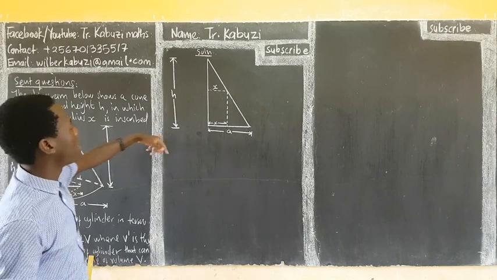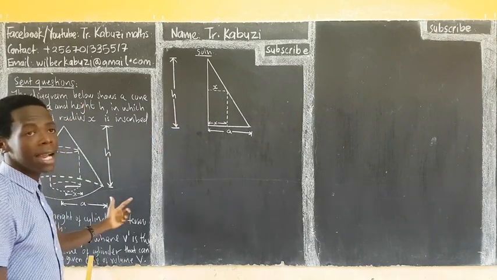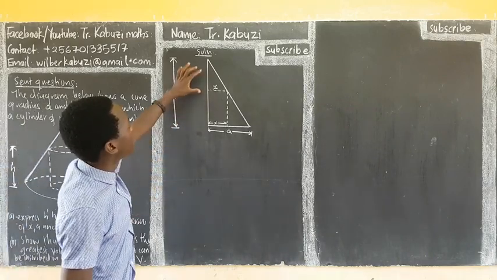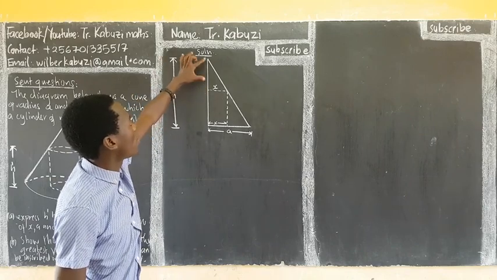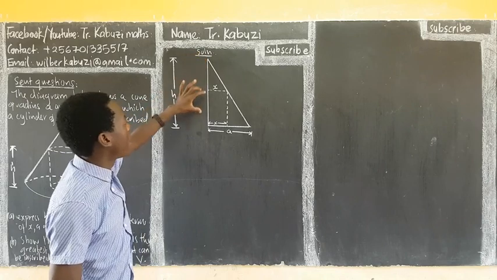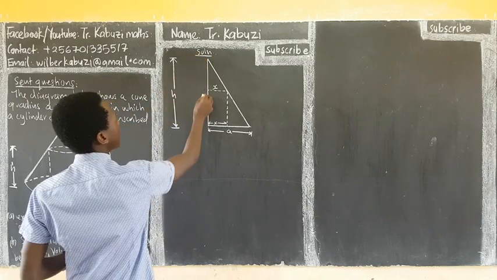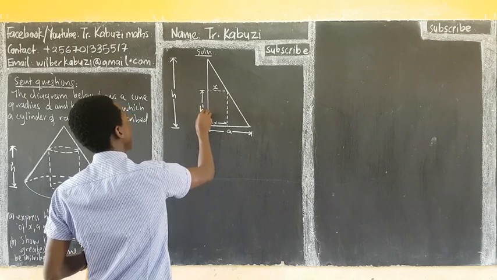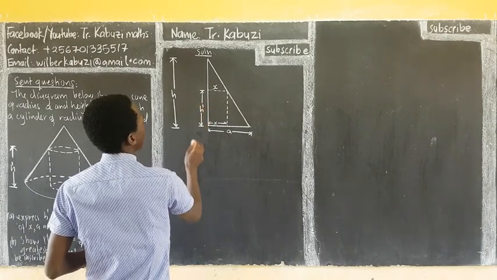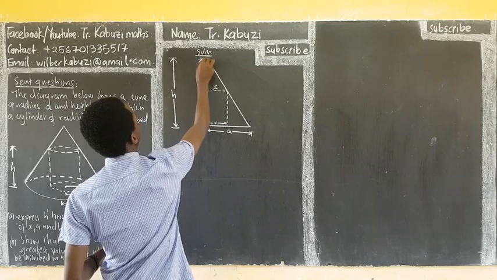Now I also need the height of this small triangle, and I know that from here up to here is the height of the cylinder. So I can get this height also.